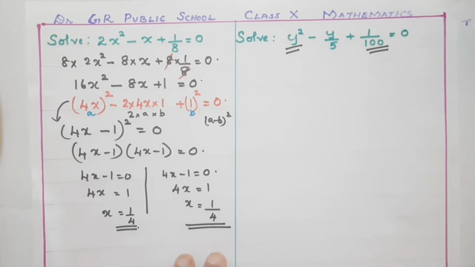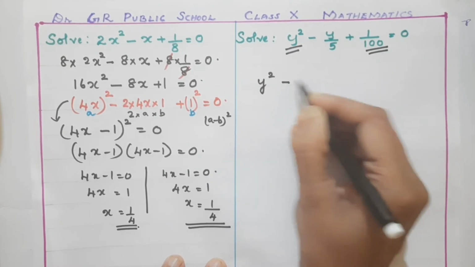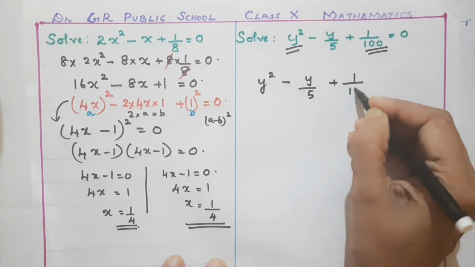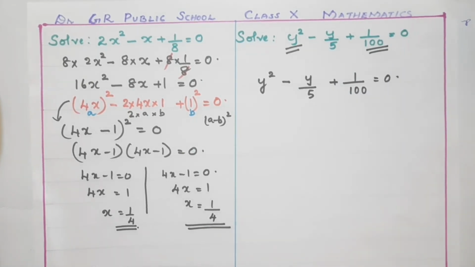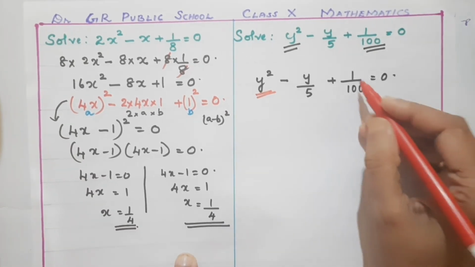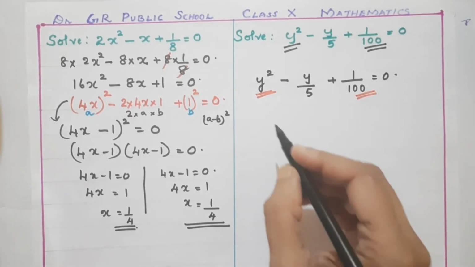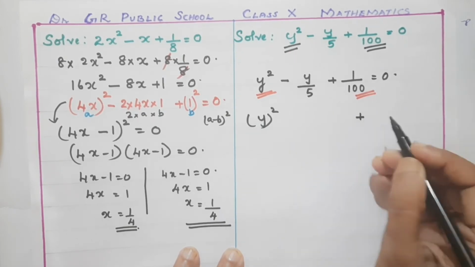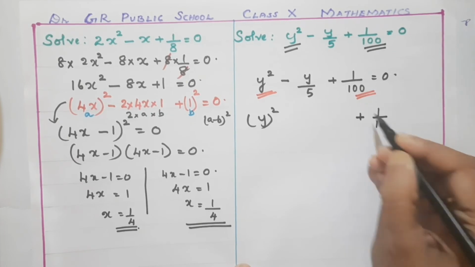Okay, now let's try. Here our equation is y square minus y by 5 plus 1 by 100 equal to 0. What are the square terms? y square, and here 1 by 100. y square is y the whole square, plus 1 by 100, the square of 1 by 10.